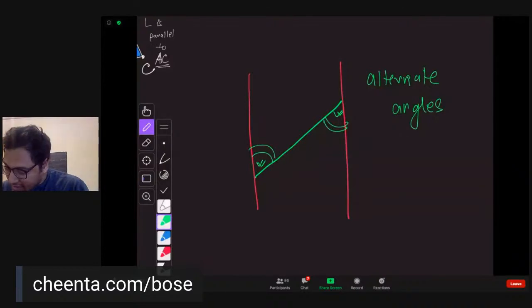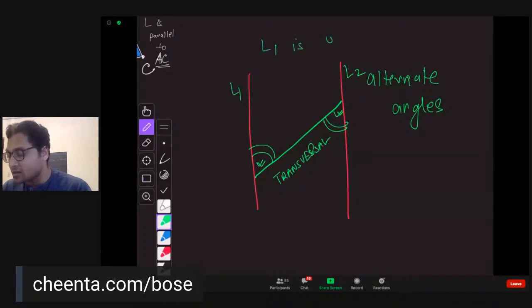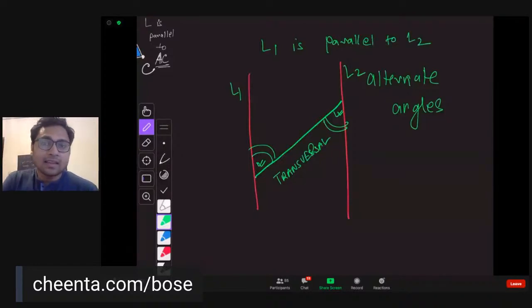So this green line is known as the transversal. And these two lines, L1 and L2, L1 is parallel to L2. So what you do is you look for a sort of a Z here.